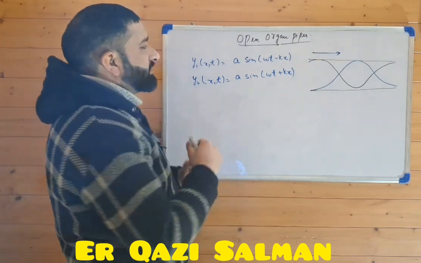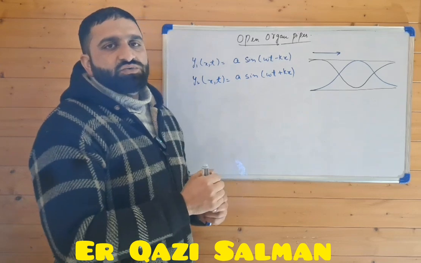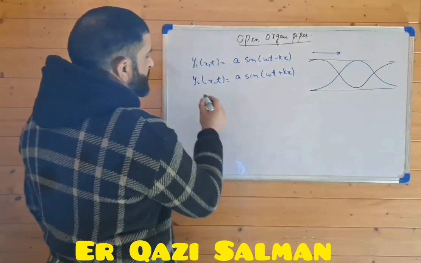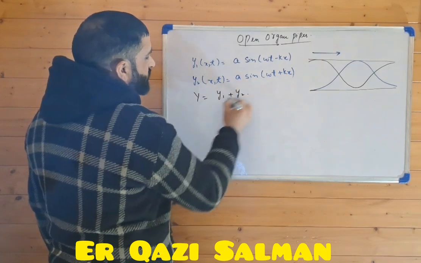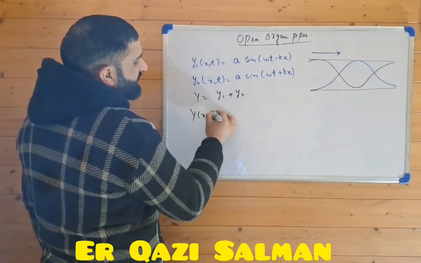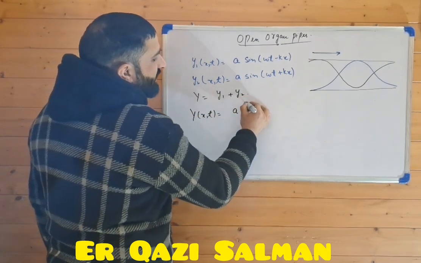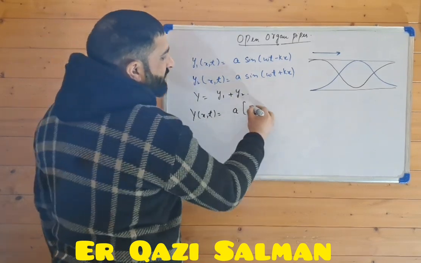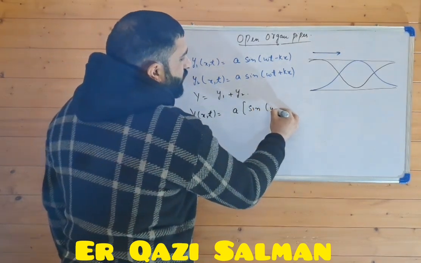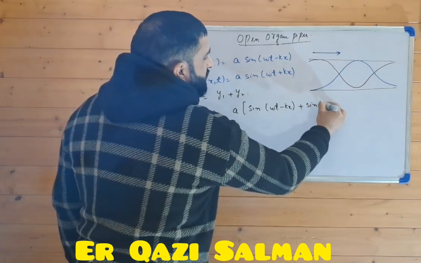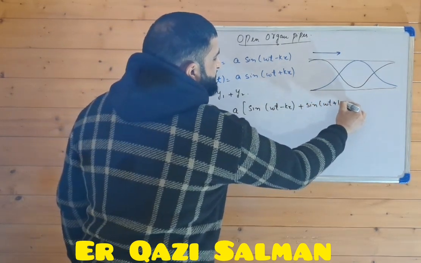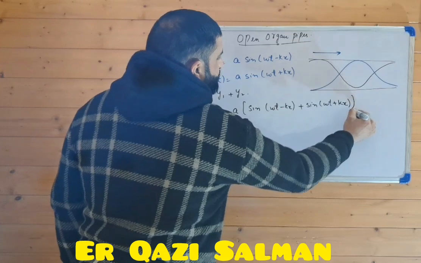Now by the superposition of these two waves, a standing wave is produced. So y is equal to y1 plus y2. So y(x,t) is equal to a, taking a common, sine of omega t minus kx plus sine of omega t plus kx.